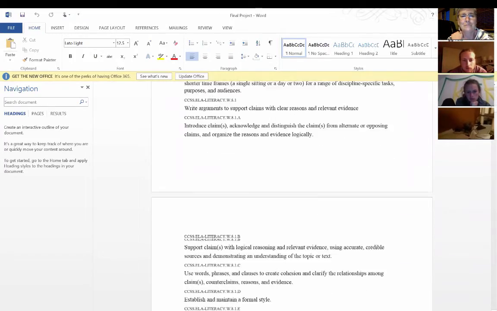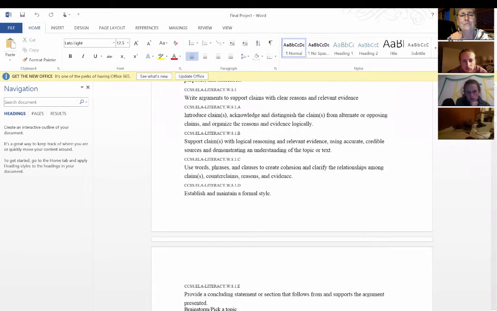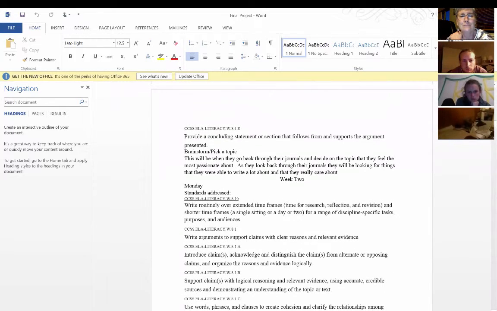And then we would move on, and they would then go through those journals and pick their topic. We would talk about what a persuasive essay was and what the point of this was, and then they would write them. As they are writing them, we would do writing conferences where they would meet with me individually, and we'd go over their essays and catch grammar mistakes and make sure that everything was clear.